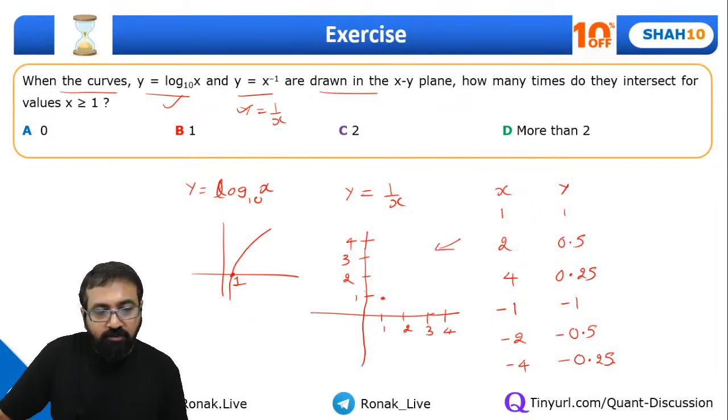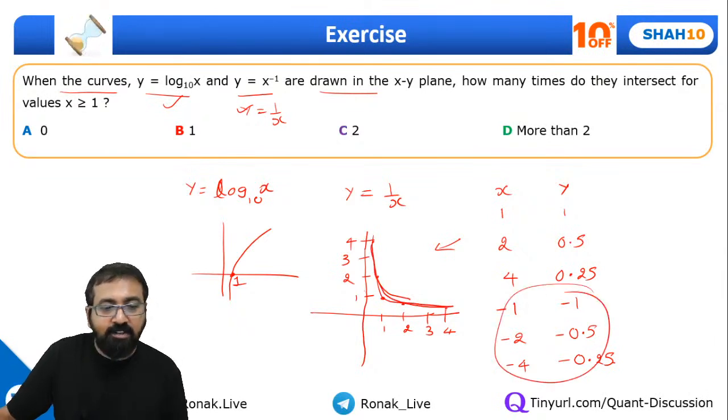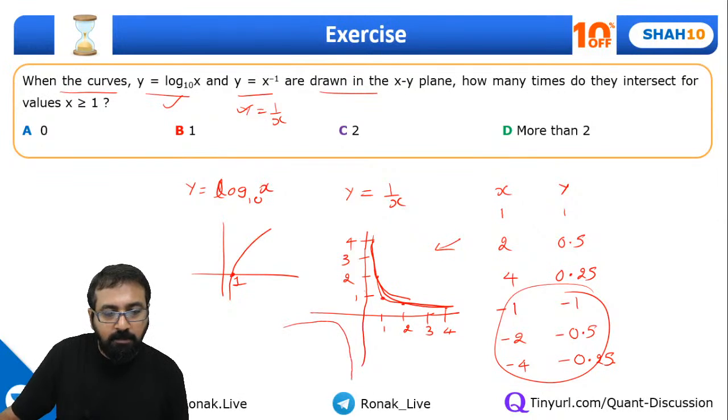At (1, 1), when I take x as 2, the y value is going down. When I take x as 4, the y value is further going down. When I take x as 0.5, y will become 2, then 4, and so on. So this is how the graph will be. And the same way, for the negative set of values, the graph will be like this.